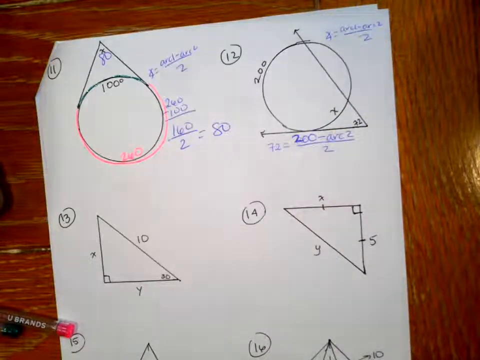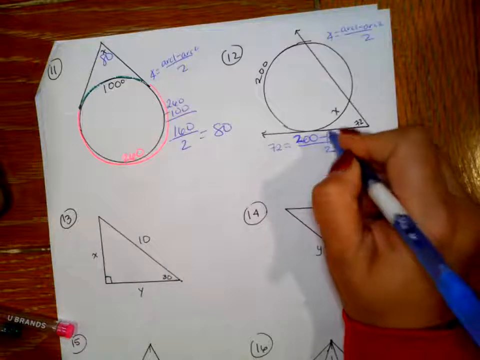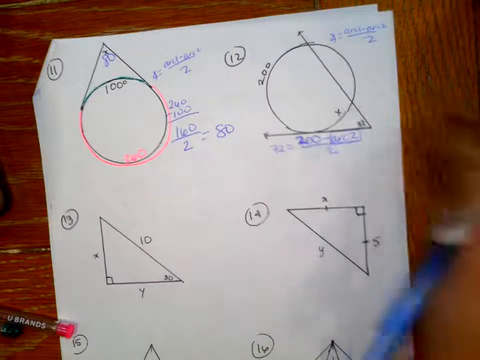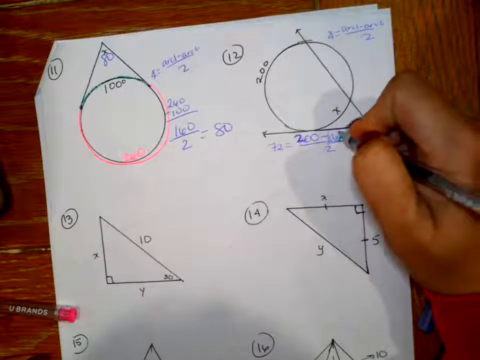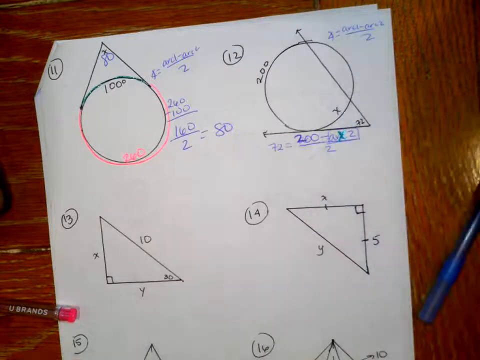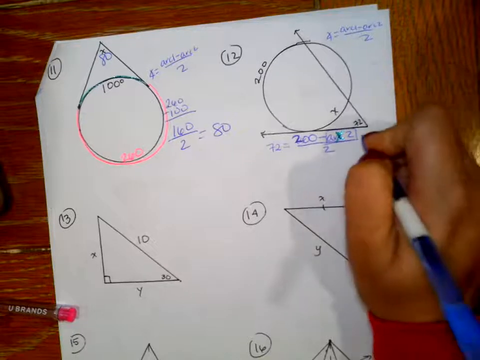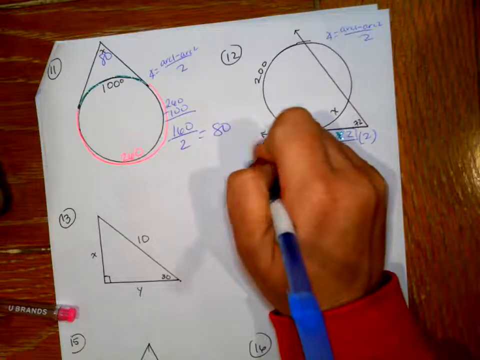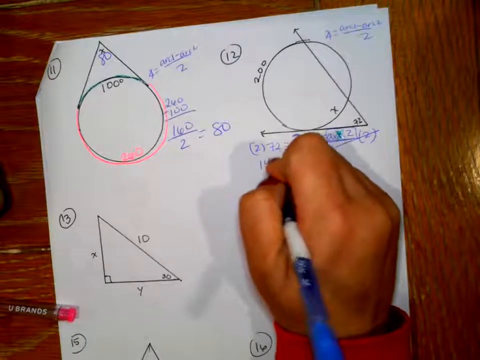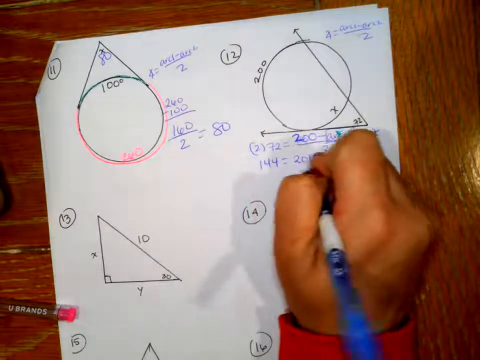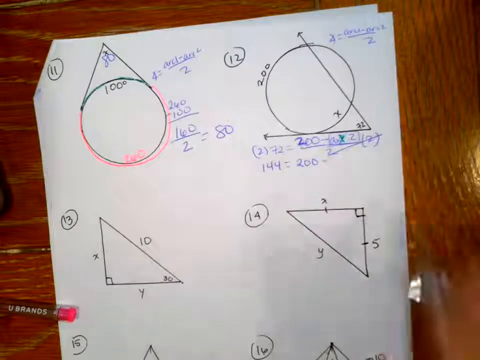Now, how you go about solving this is however you want. This arc 2 is actually just another name for that, would just be x. That's just our x right there. I like to fraction bust. I like to get rid of that fraction. So I'm going to get 144 equals 200 minus, and I'm just going to plug that in, and I'm going to call him x.